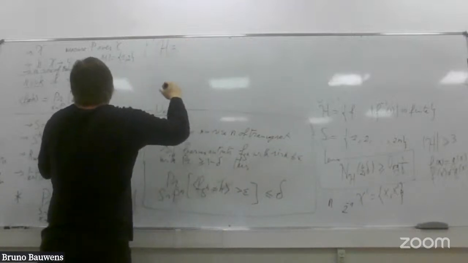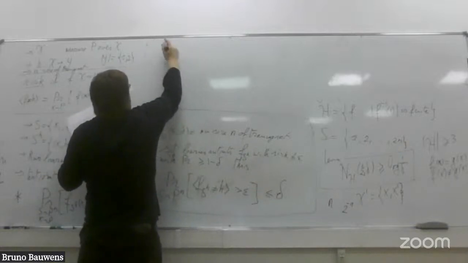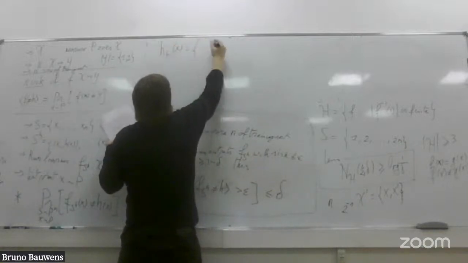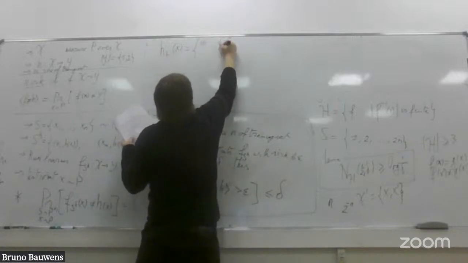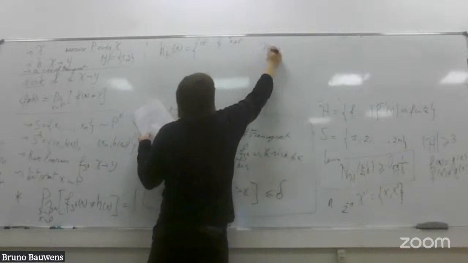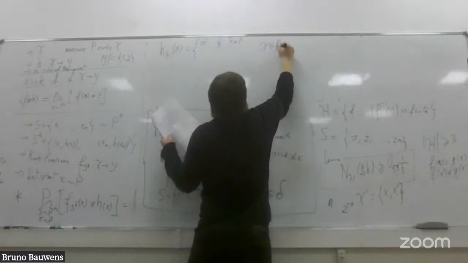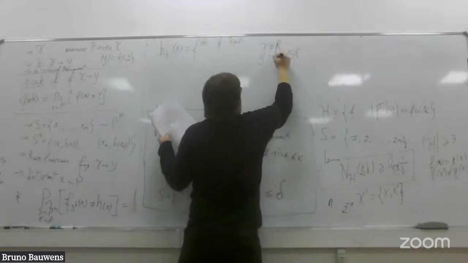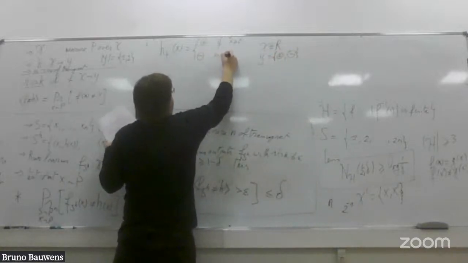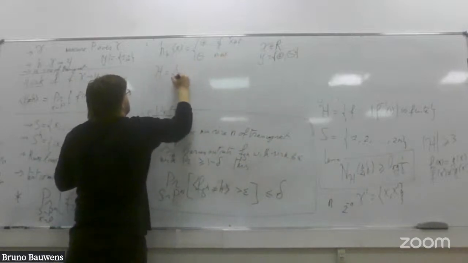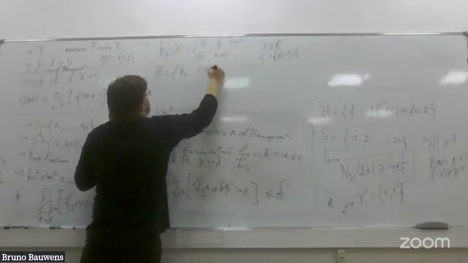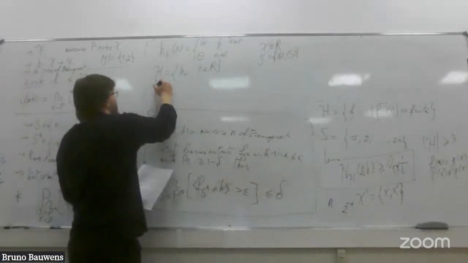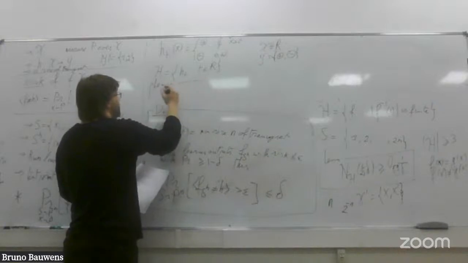We consider functions of the form H_t(x) equal to plus if x is bigger than t, and I forgot that x is a real number, and y is equal to minus otherwise. t is the threshold.